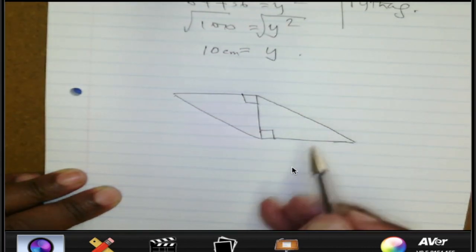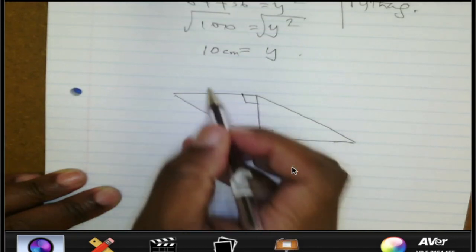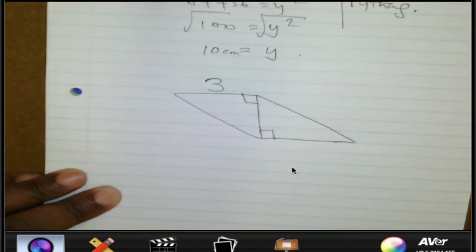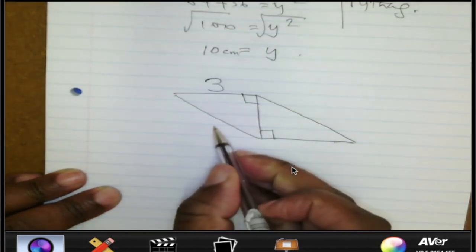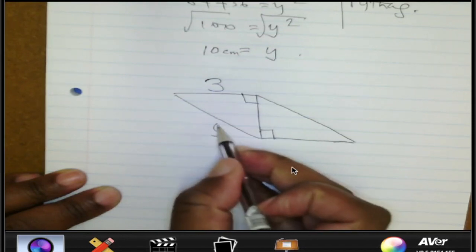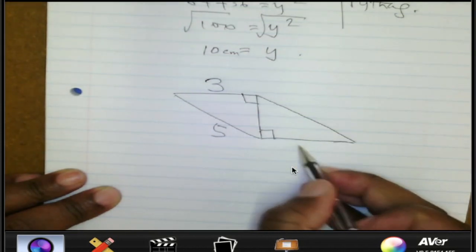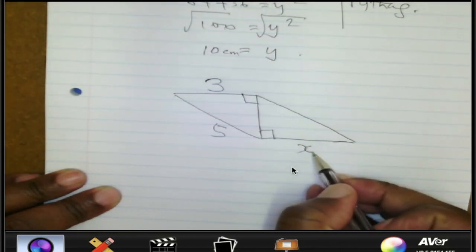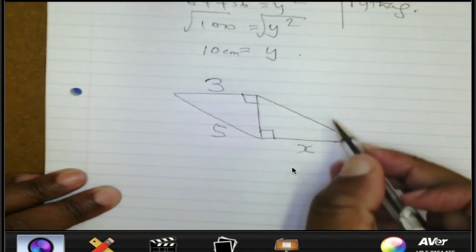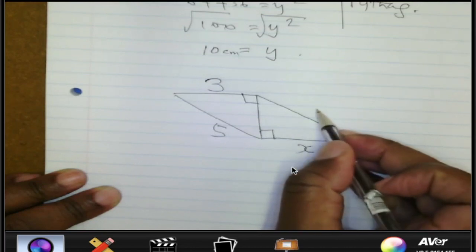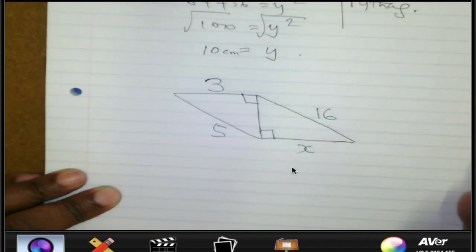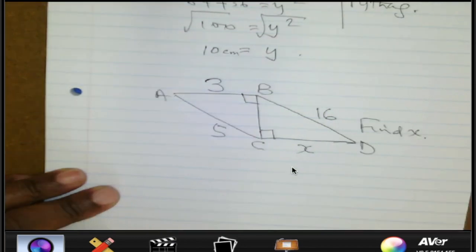Suppose, for instance, that this one here is 3, and this one here is 5, and we want to find x, given that this one here is 16. Tell me, do you see a method that you can use for that?